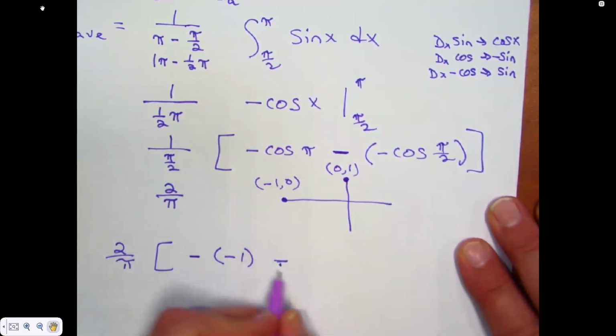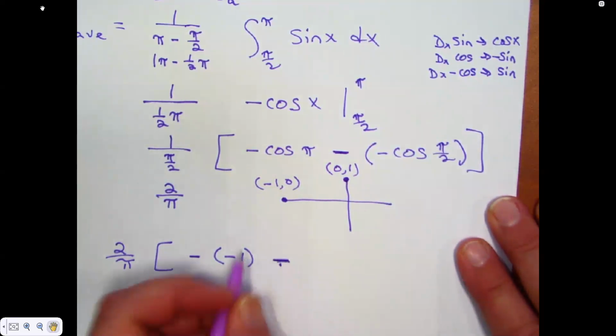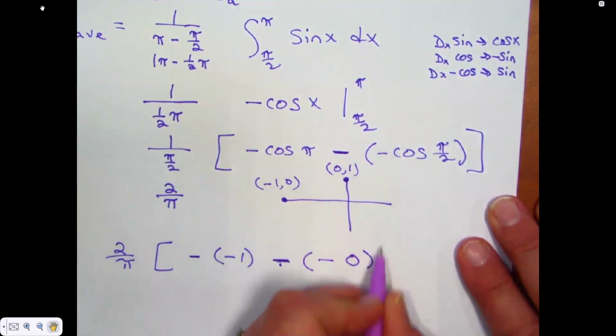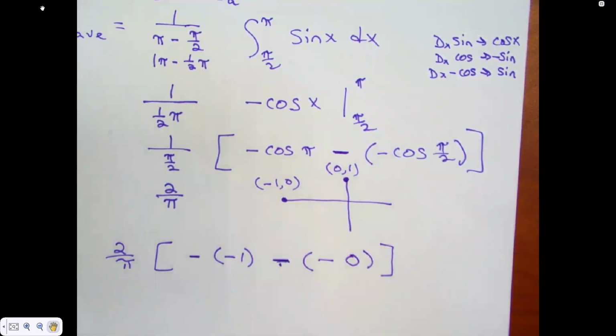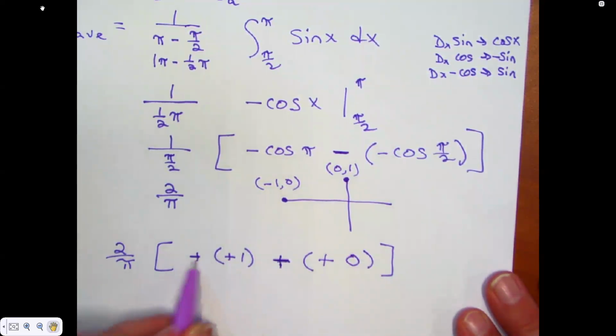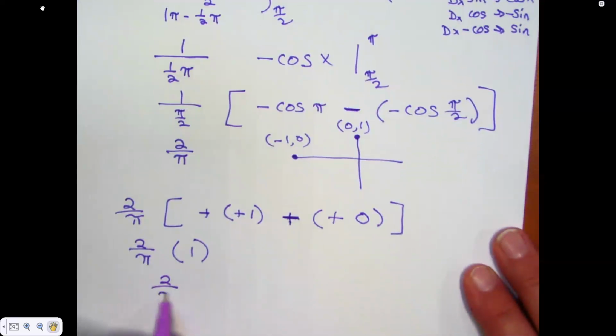So that at least turns out, that looks kind of messy. This is a minus. Technically, it's negative, but then that whole thing is 0. Okay, so we don't even worry about this, though we could change these both to plus if we wanted to. These definitely, let's change to plus. So it's 2 divided by pi, and then all of this turns out to be 1, right? This is 1 plus 0, 2 over pi.